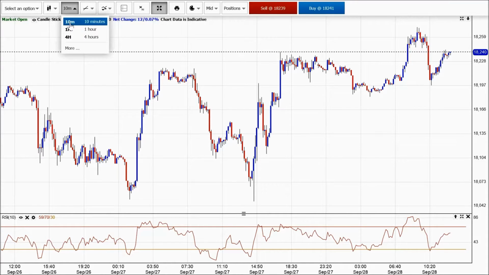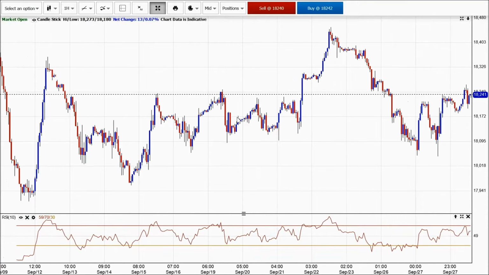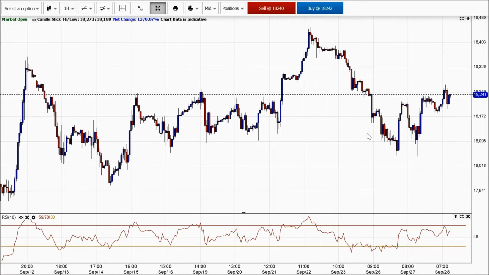So it does, to me at least, suggest that in the short to medium term, I'd expect the market to rally. I'd want to be a buyer of dips, and the first big level to watch, and I know I say this every week, is the previous day's high and low.